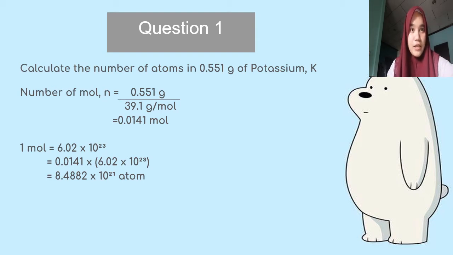So 0.0141 times 6.023 times 10 to the power of 23, we got the answer 8.4882 times 10 to the power of 21 atoms. The application of power in this question is the Avogadro number itself. We look at the 10 to the power of 23. So that is the power.